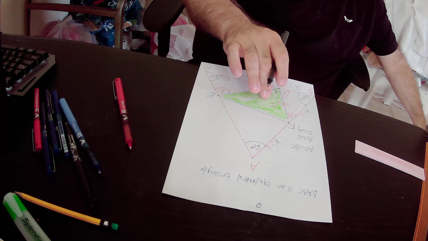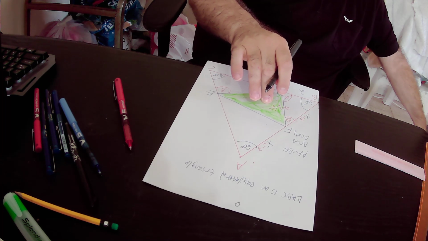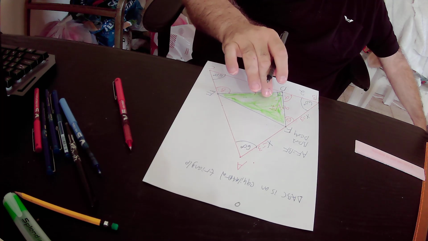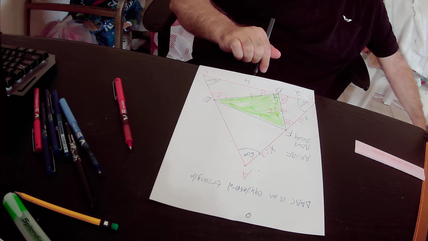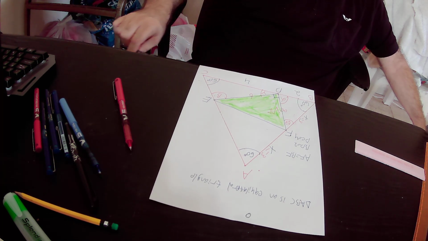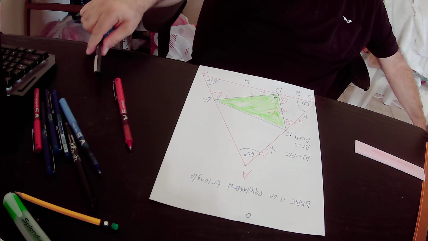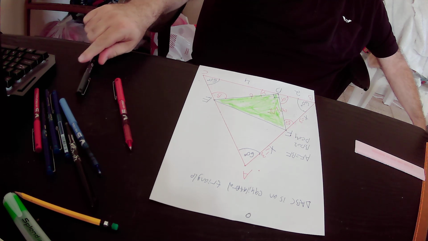The area of this green triangle equals 4.85 square units. Okay, so now I will summarize the lecture.